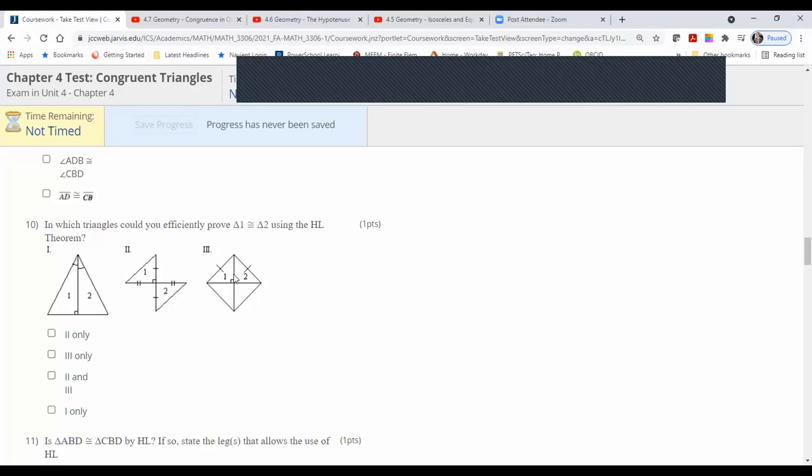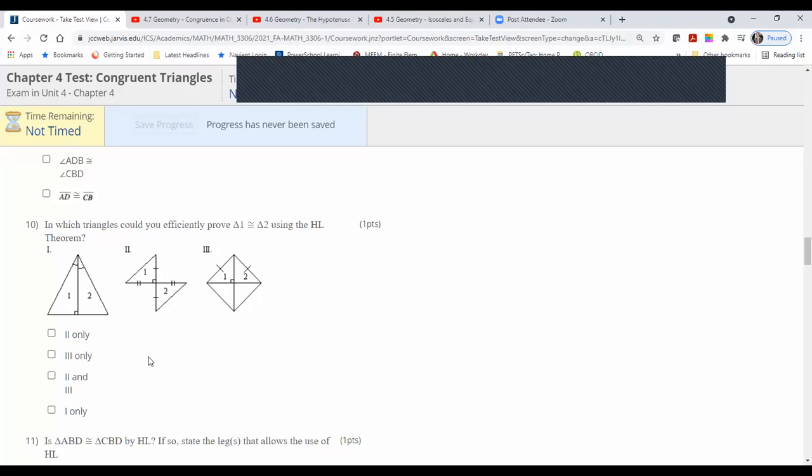So this leg will be the same, right? So I think 3, you can use 3, and also I think can use, but this one you didn't know what is the hypotenuse, right? And this one you know the hypotenuse. If this is 90 degrees and this one is the same, so the hypotenuse will be the same, right? And also one of the legs is the same.